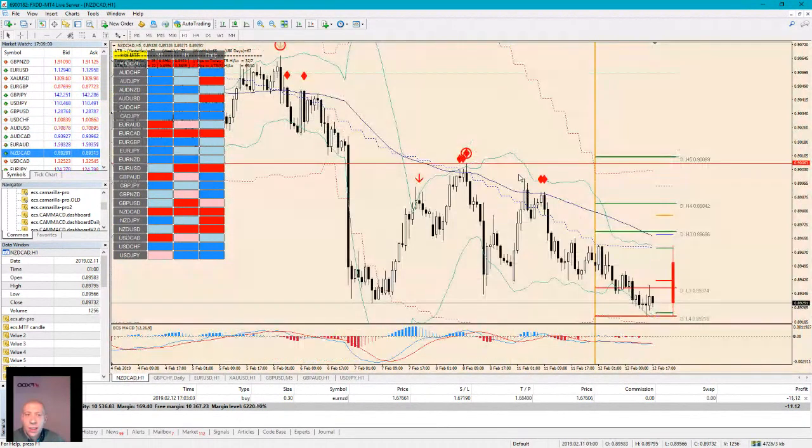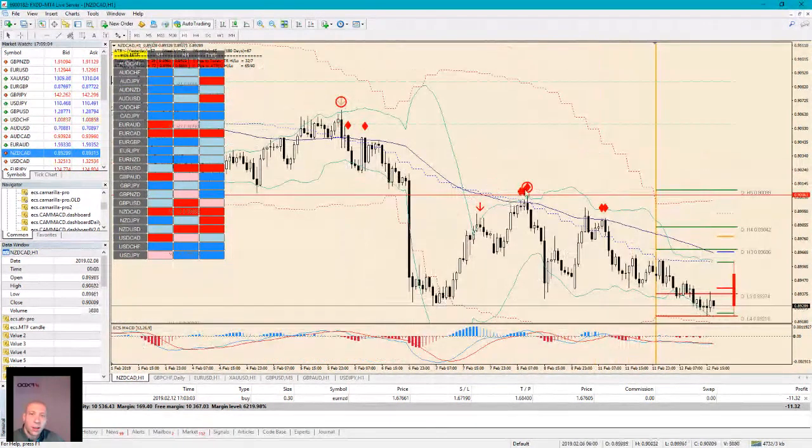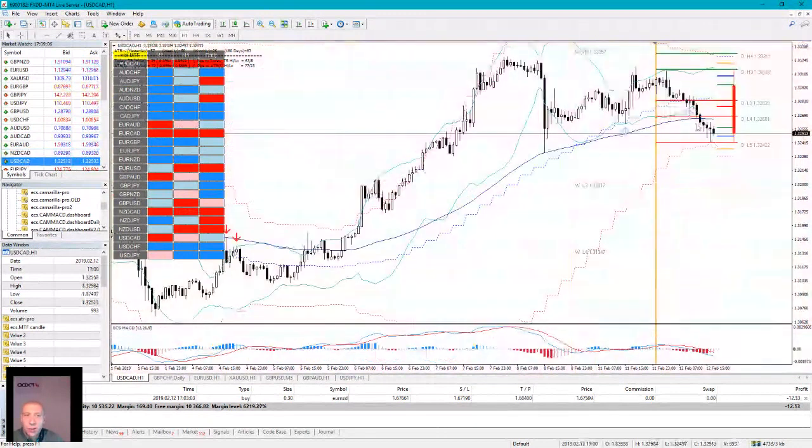Let's see New Zealand dollar CAD. Yeah, this was good. A lot of rejections here. Dollar CAD, not interesting because, well, maybe if the price gets here, makes a U-turn around 32.30, then we could go long. But it's not very interesting now.